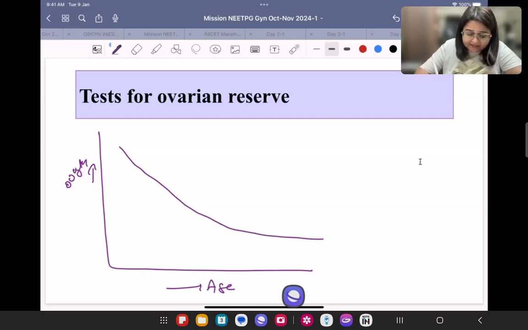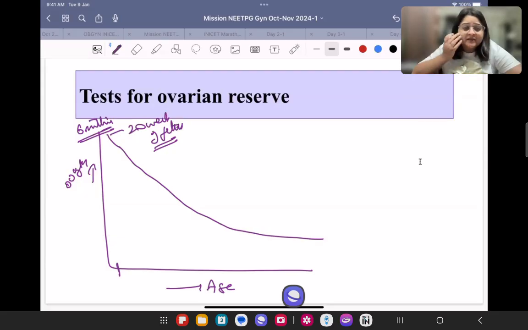The maximum ovarian reserve, around 6 million oocytes in the ovaries, is at 20 weeks of fetal life. So when the baby is an embryo in her mother, this is the time she will have the maximum number of oocytes. At birth, she is born with 1 million oocytes.